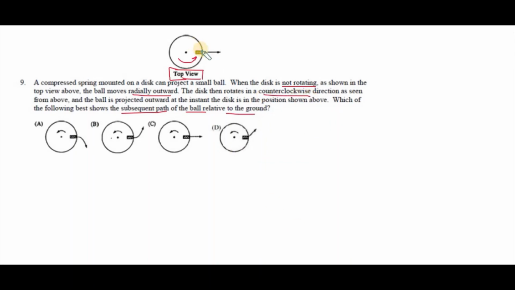That means the direction of the tangential velocity at this point would be upward. That is the tangential velocity, and the other velocity is introduced due to the spring. We have to consider the resultant of those. This resultant would be along this direction, representing the resultant velocity, and its direction represents the path of motion of the object. So it matches option D.